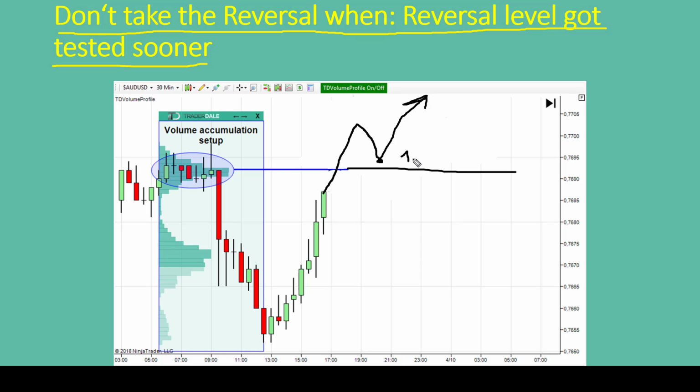Let's say 1, 2, 3 pips sooner. Then it's already tested and the level is already spent, so you don't trade it anymore. So even if the price returns back to the level and actually touches it, you don't take a reversal, because the reversal got already tested right there. This is the reaction to the reversal.